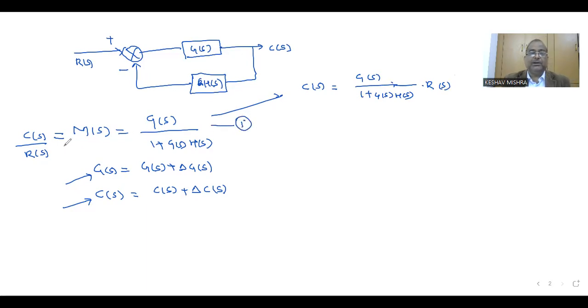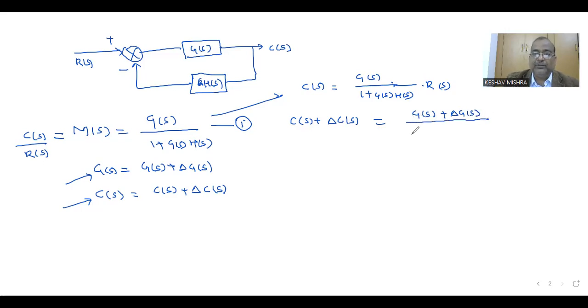Now the output is changed by an amount of delta C(s) because of change in this parameter G(s), which is G(s) plus delta G(s).